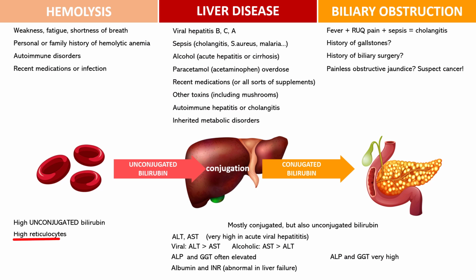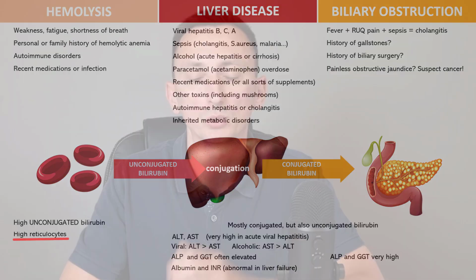With some analyzers, you may even find an elevated number of reticulocytes, immature forms of red blood cells that get mobilized in response to hemolytic anemia. But what is especially useful here is the peripheral blood smear, because some types of congenital abnormalities to the structure of hemoglobin and red blood cells result in distinctive shapes of these red blood cells.